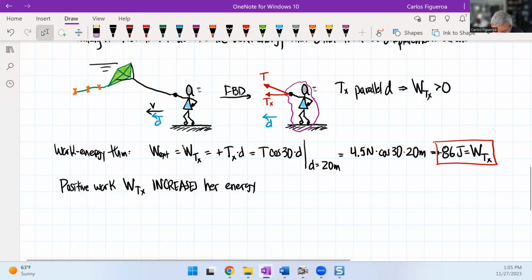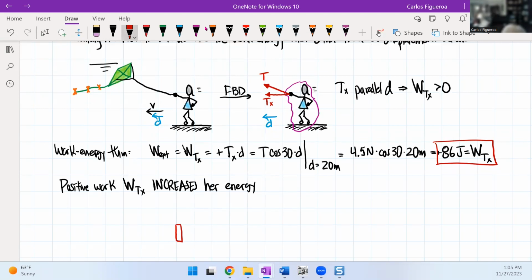So then, picture-wise, we come back and ask what happens. I have this amount of energy, and that is a meaningless number. Now I do positive work.